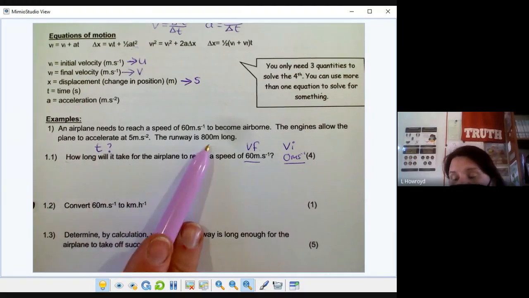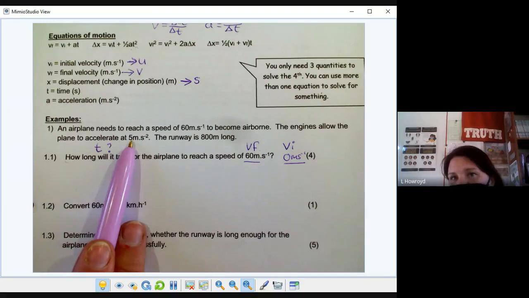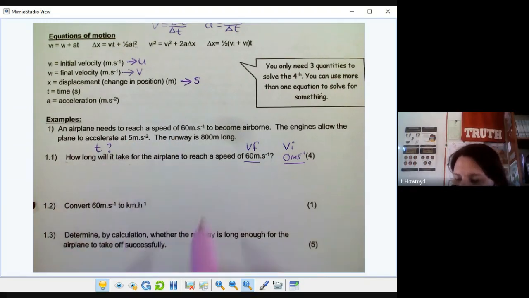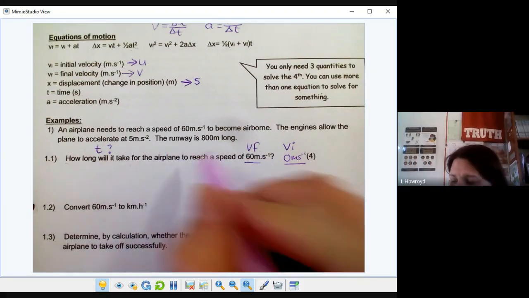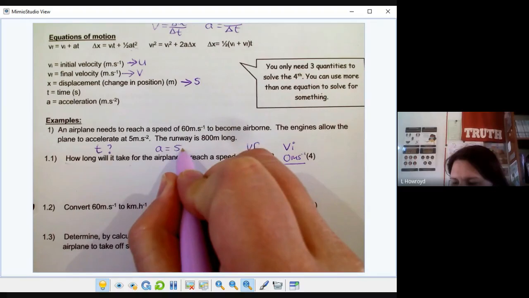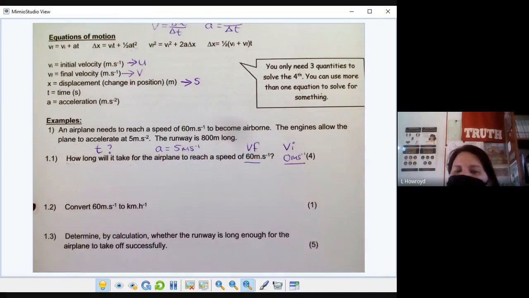Why would I not want to use that runway though? Why would it be better to actually just take the acceleration? Why am I not going to use the runway as the distance? I'm glad you actually said that. It just said the runway was 800 meters long. It didn't say it takes the plane 800 meters.